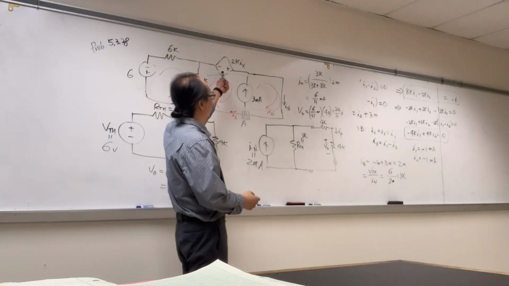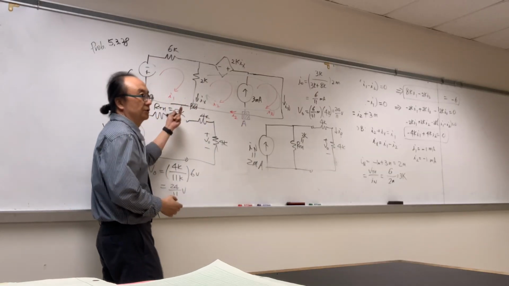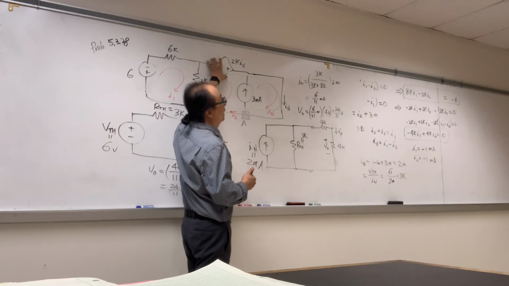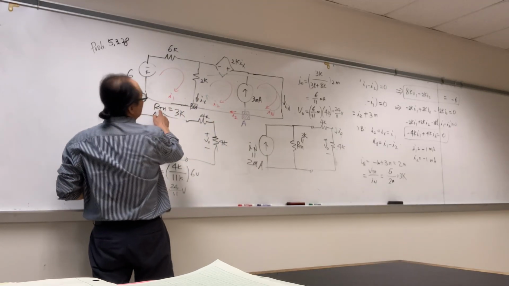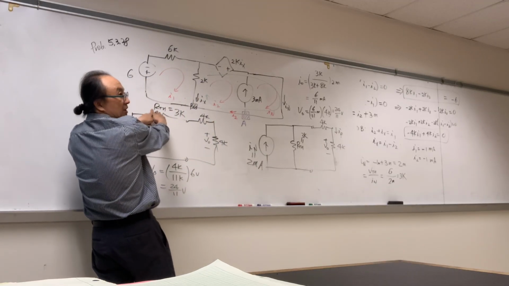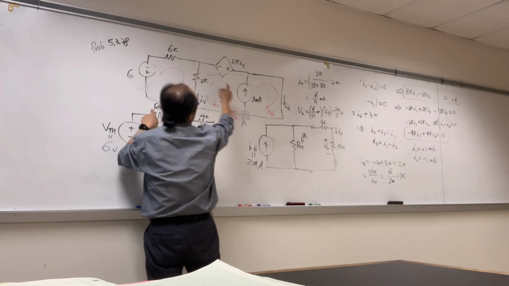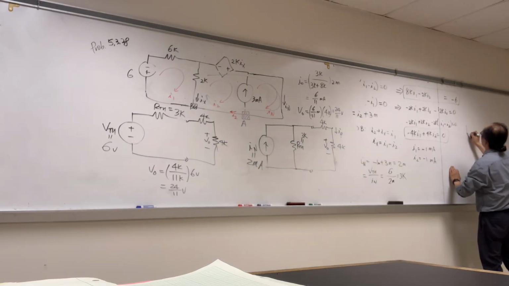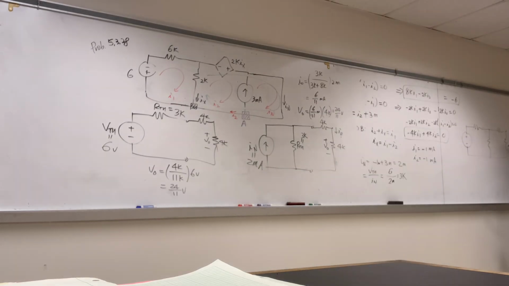Right, for the dependent source, we cannot calculate RTH. For RTH, we need to turn this off, but we cannot turn this off. And RTH is all about resistors. If we have a voltage source and we want to find V naught using Thevenin, we can take this out and make this a short circuit, and take this out.